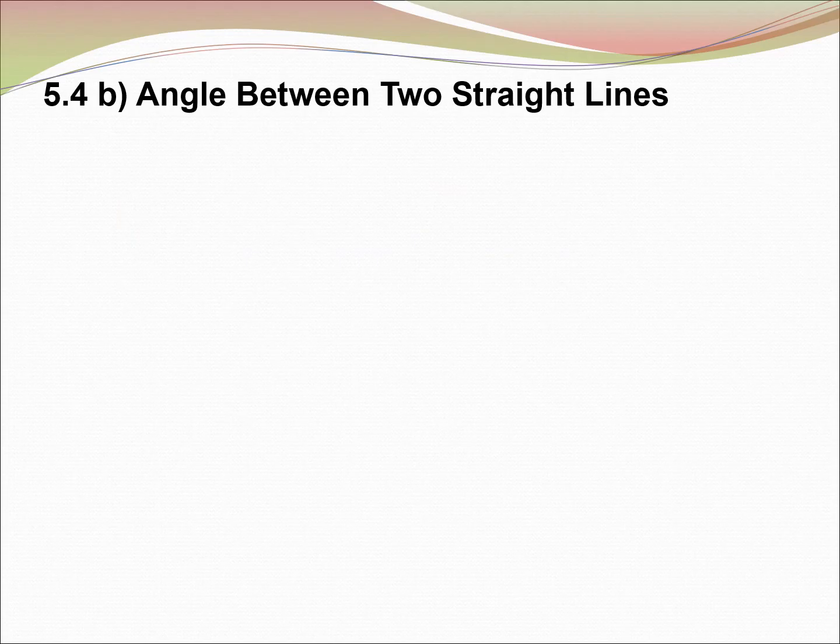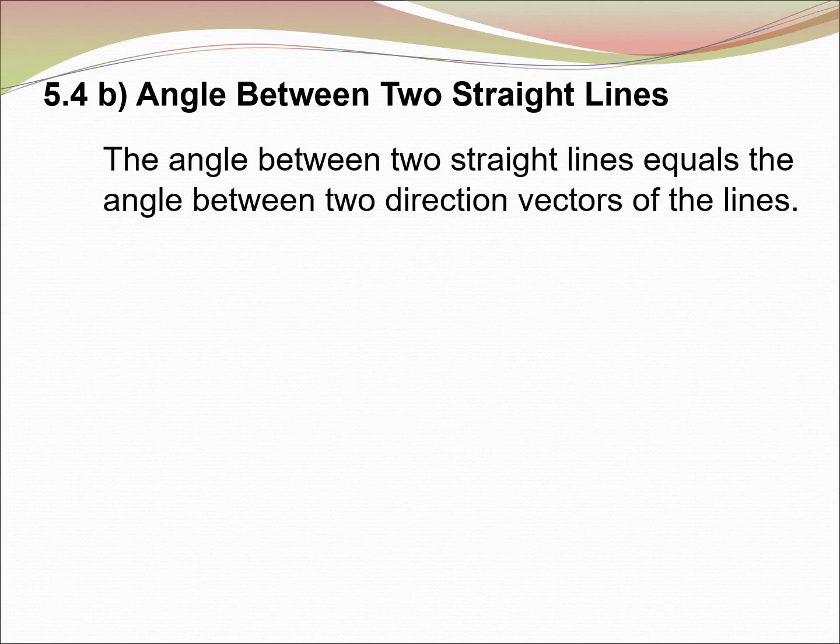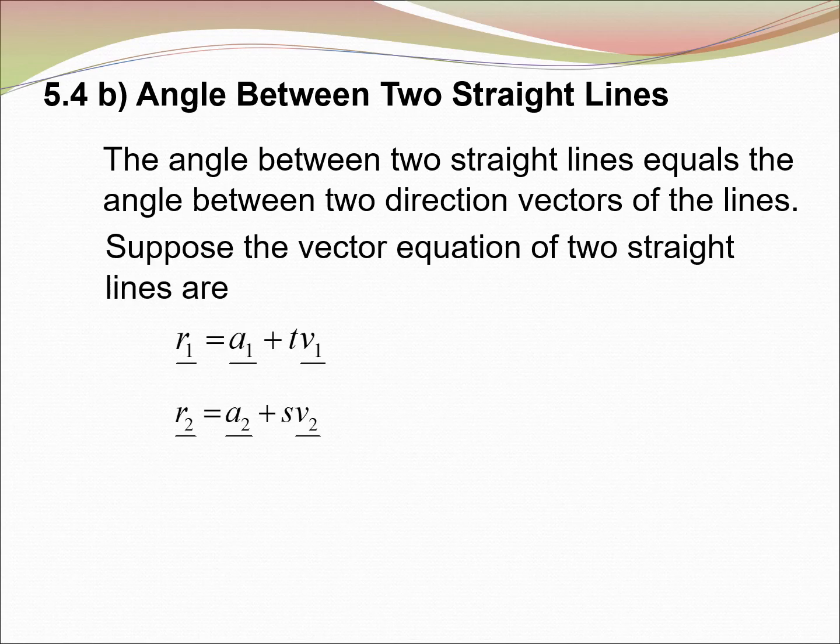Angle between two straight lines. The angle between two straight lines is equal to the angle between the two direction vectors of the lines. Suppose the vector equations of two straight lines are r1 equal to a1 plus t v1, where a1 is the point passing through for the first line and v1 is the direction for the first line, and r2 equal to a2 plus s v2, where a2 is the point passing through for the second line and v2 is the direction for the second line.